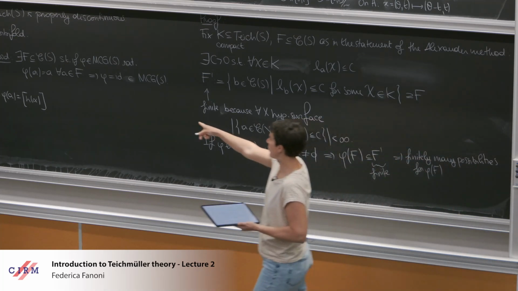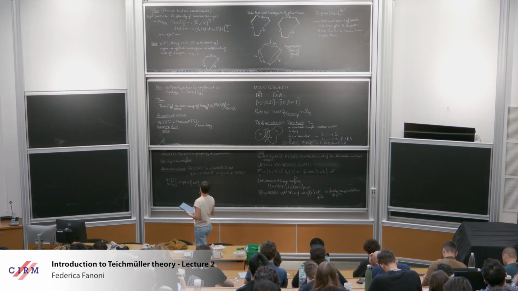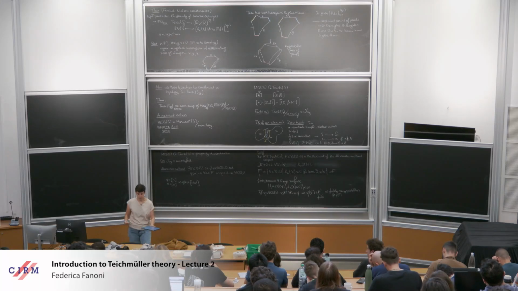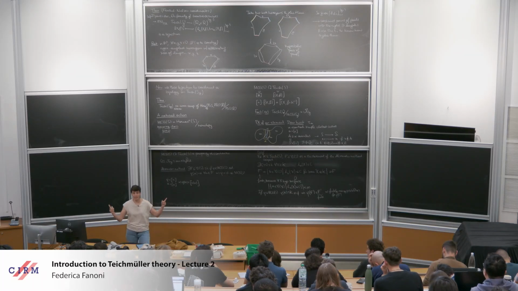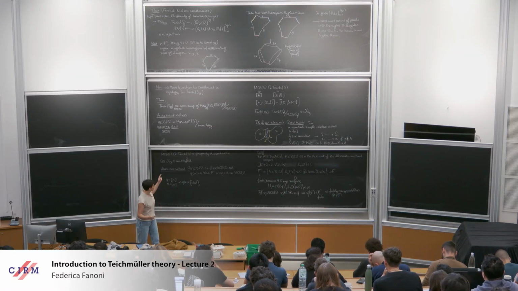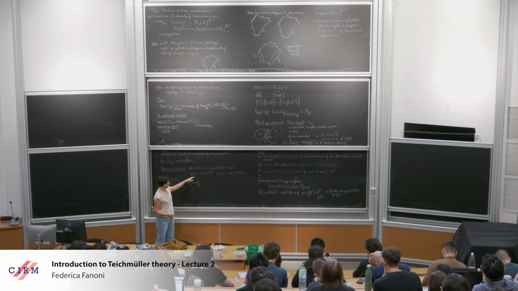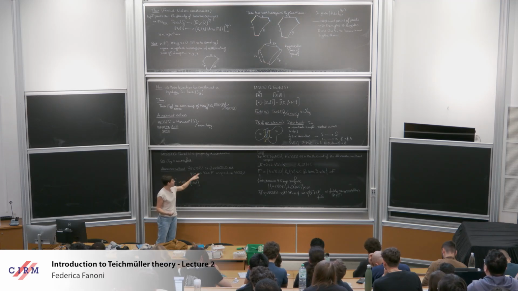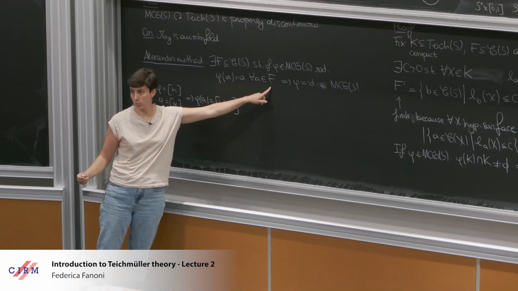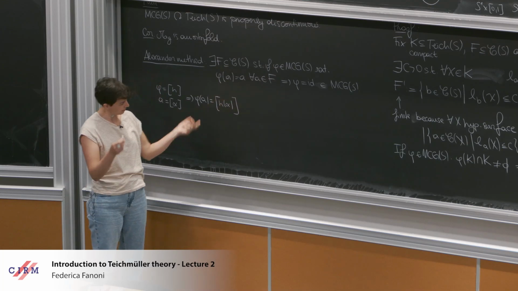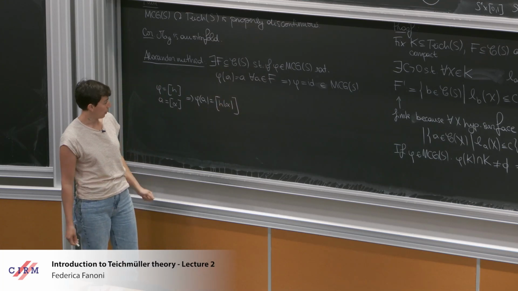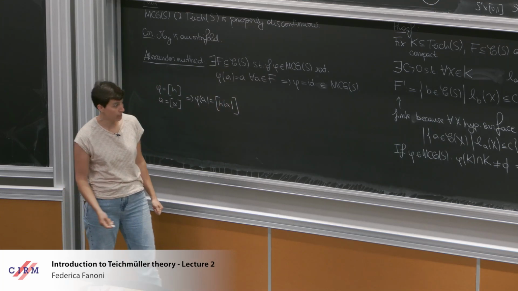And now, if you think about this method slightly differently, this also tells you that if two mapping classes agree on this set F, then they need to be the same. You just apply this with one composed with the inverse of the other.